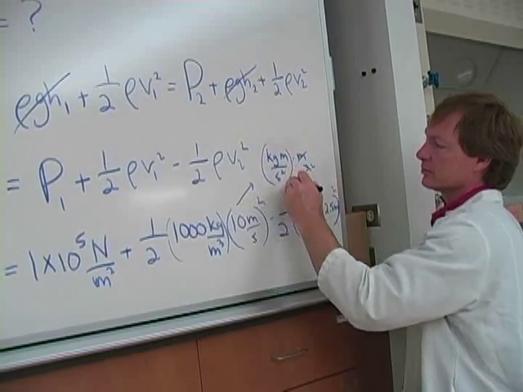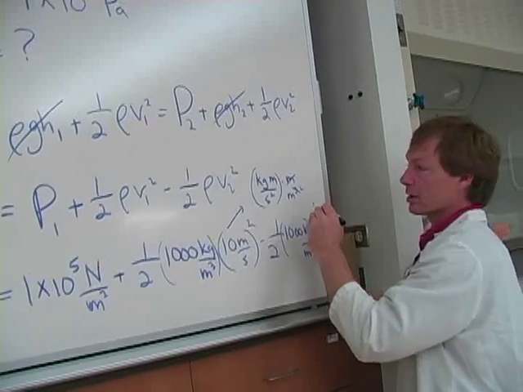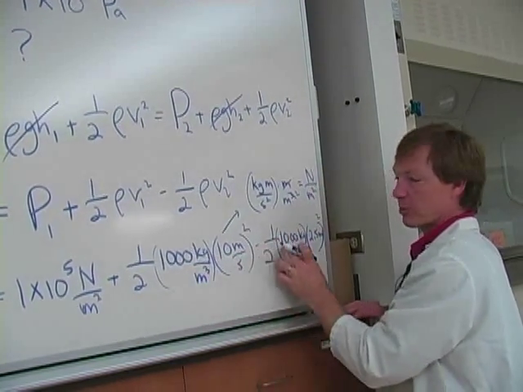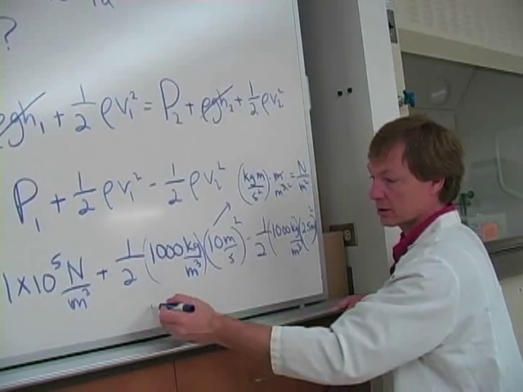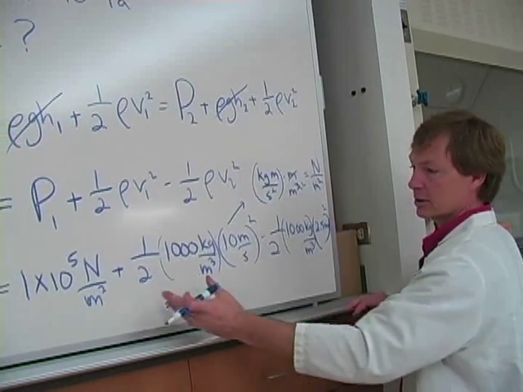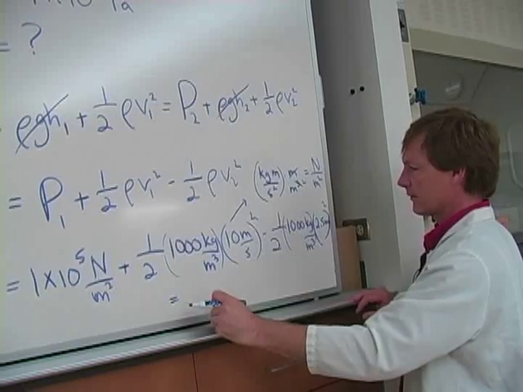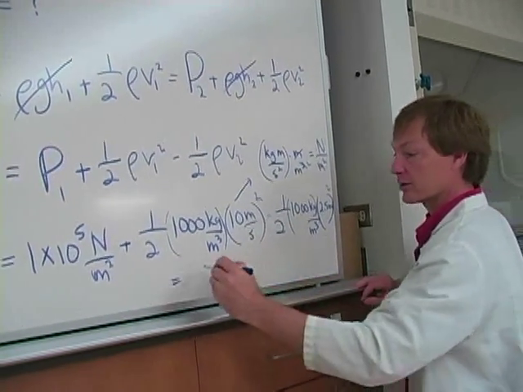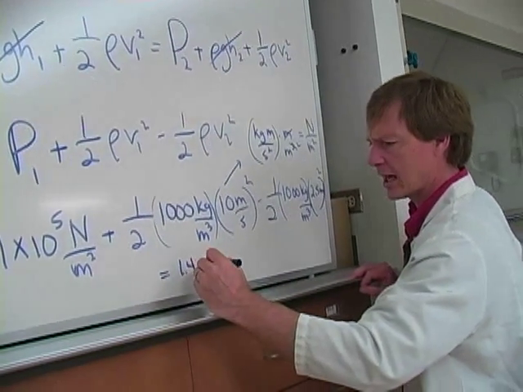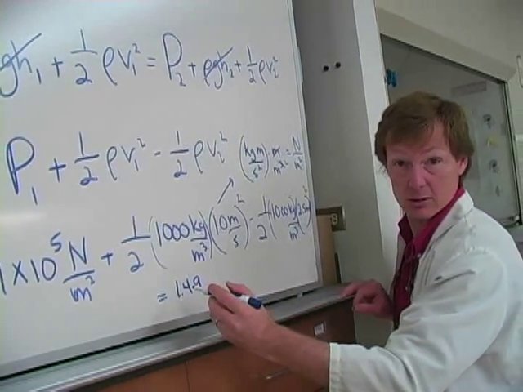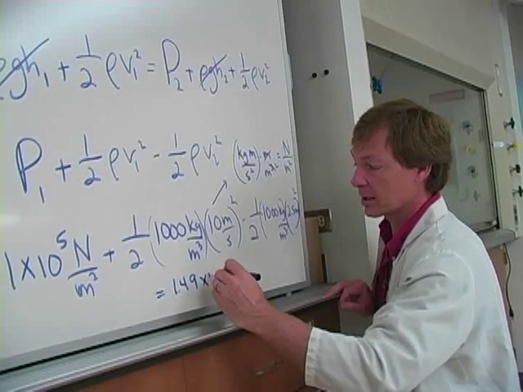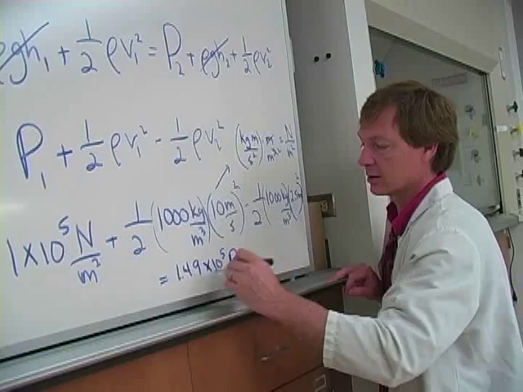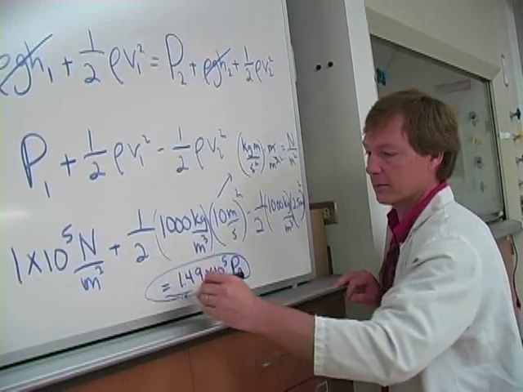So I'll have a newton on the top and a meter squared on the bottom. Newtons per meter squared. So these are both newtons per meter squared too. If I put them together, do the calculation, this part's bigger, so it's going to be a bigger pressure. And so this is 1.49, and do this calculation, see if you can do it, times 10 to the 5th newtons per meter squared, or pascals.